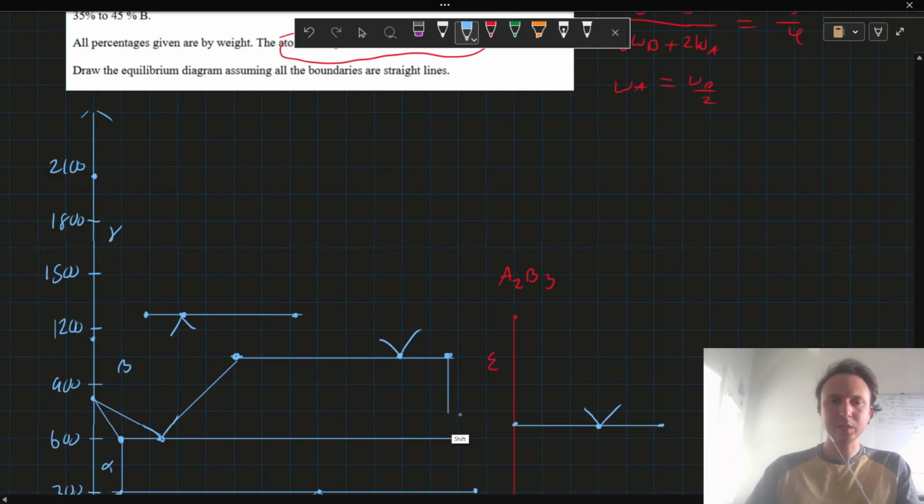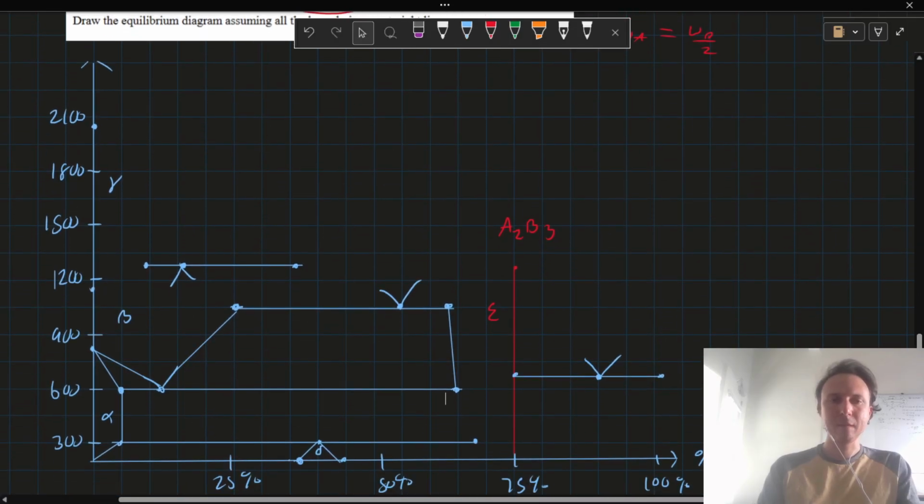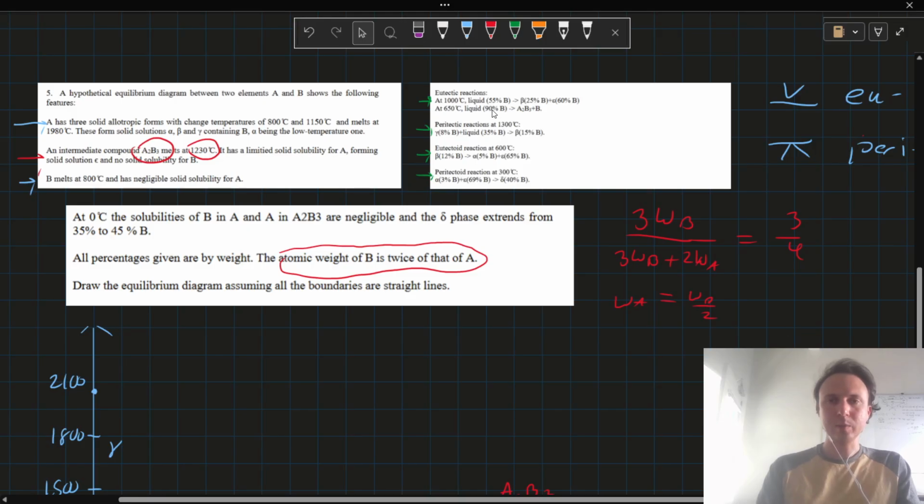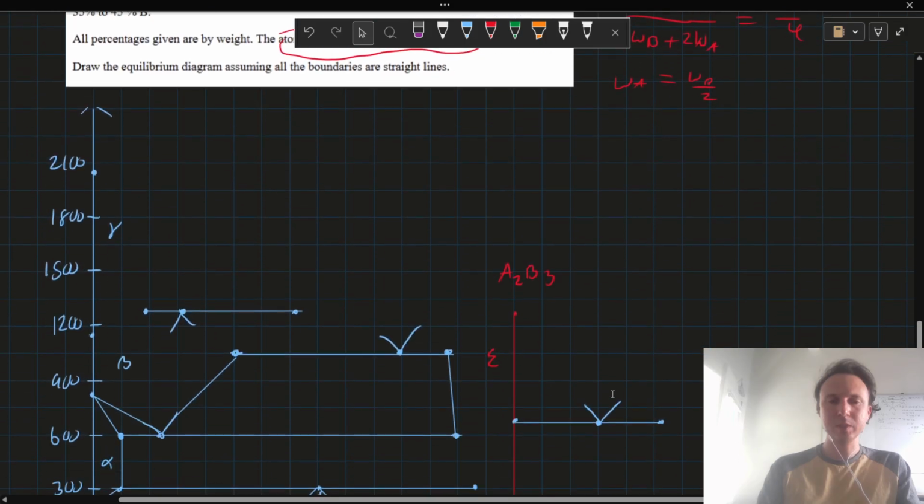We can also close this off. So this region right here will be beta plus epsilon. And then let's go up to the next one. So this one at around 1000, that's also eutectic. So that one is liquid, then beta plus epsilon.